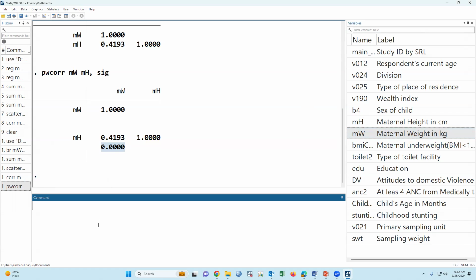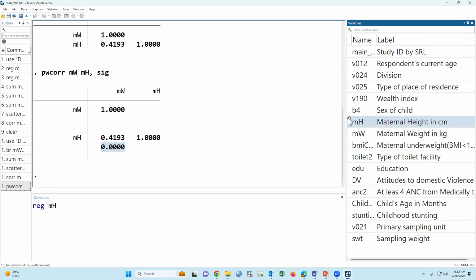So the syntax is: maternal weight first, the dependent variable. And the main benefit of STATA is syntax. The syntax is very easy. For this reason, I always recommend using STATA.